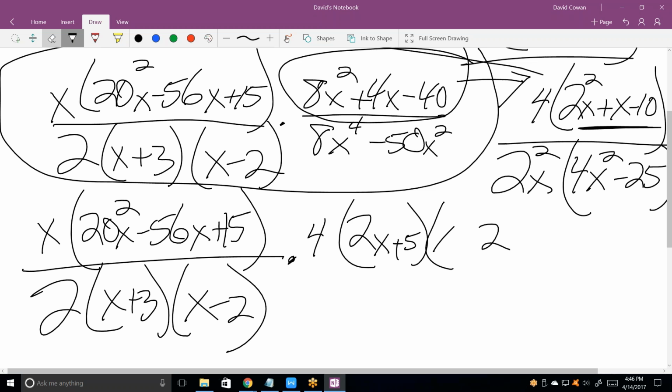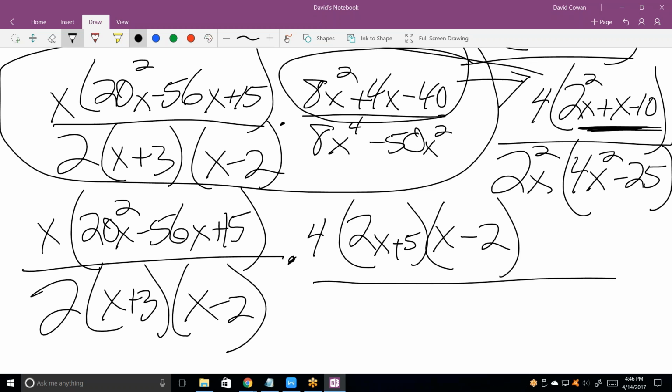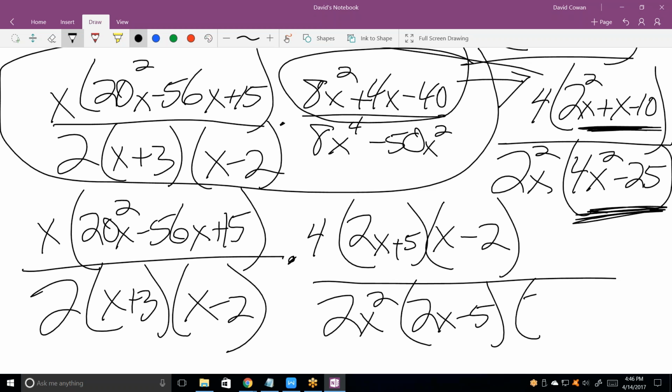It's x minus 2. In other words, that produces that quadratic. Okay? Divided by 2x squared. This is the difference of perfect squares, so that's 2x minus 5 times 2x plus 5.